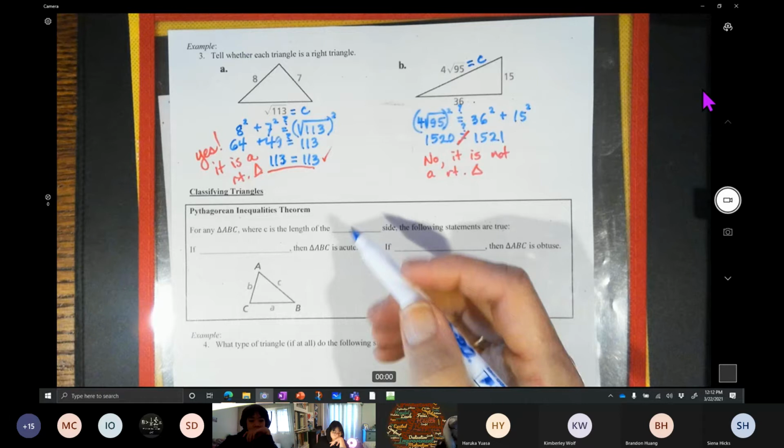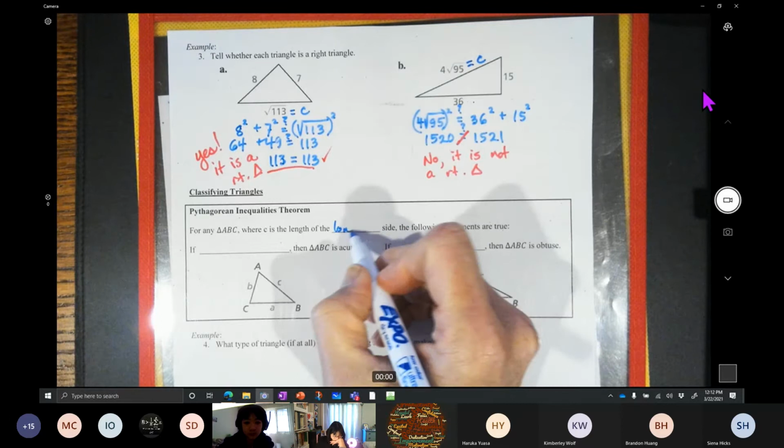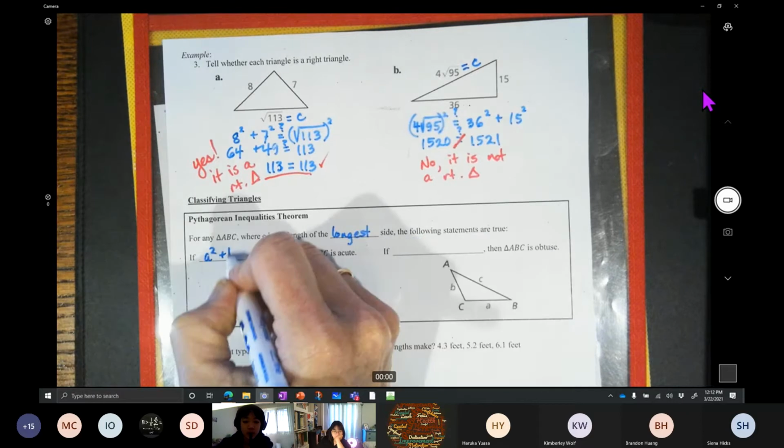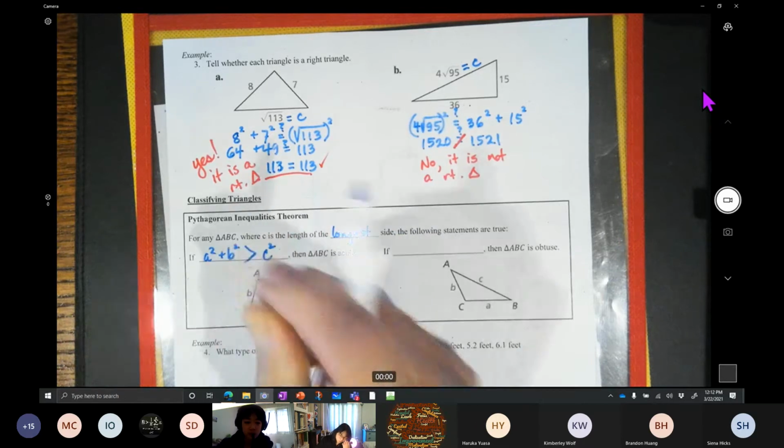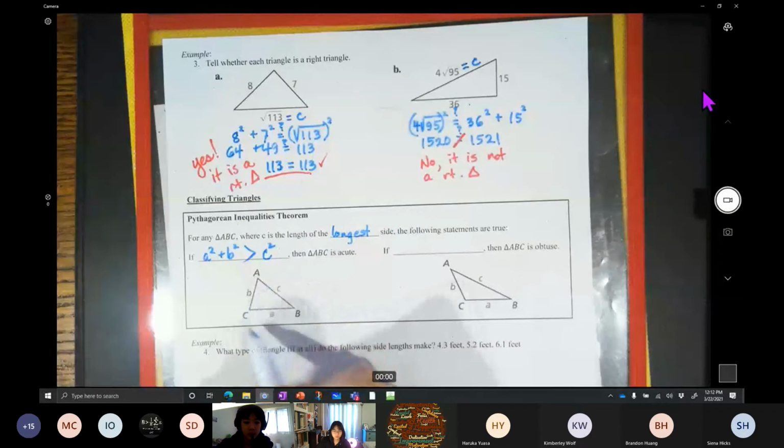So for any triangle ABC, where c is the length of the longest side, the following statements are true. If these two squared and summed up are greater than c squared, then you're going to get a teeny tiny small acute angle.